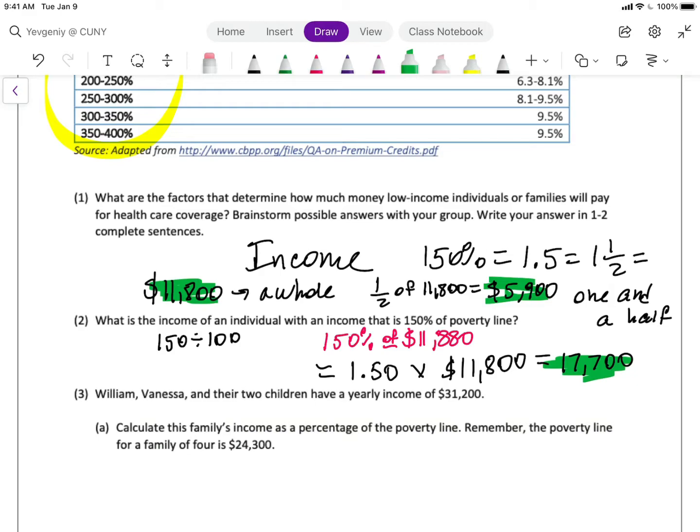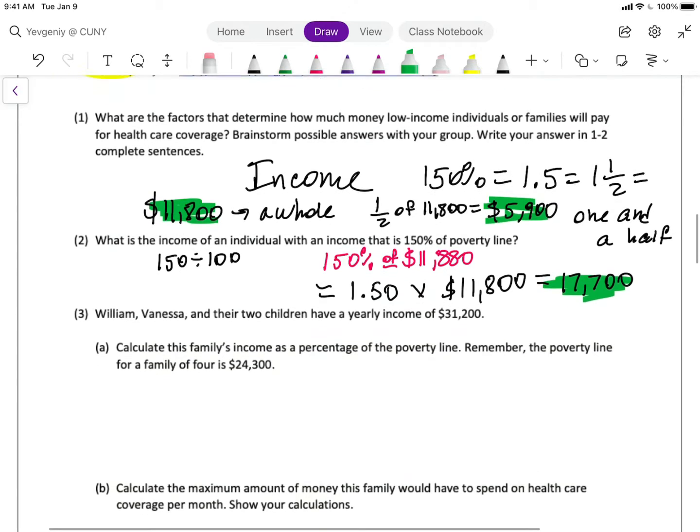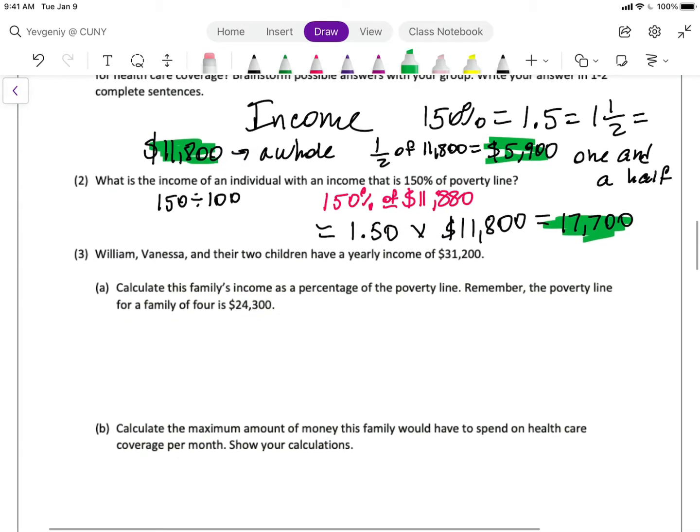The next thing we're going to look at says, William and Vanessa and their 2 children have a yearly income of $31,200. We want to calculate this family's income as a percentage of the poverty line. Remember, the poverty line for a family of 4 is 24,300.